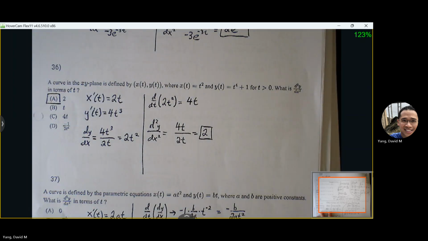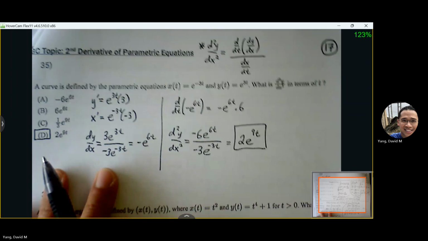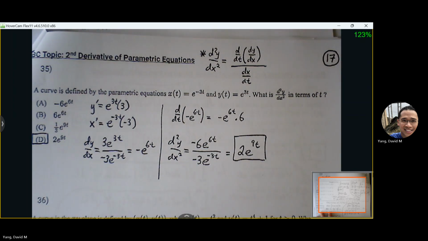Okay, any questions? Page 13, different part B. Yeah, if it's calculator, you can plug everything in.